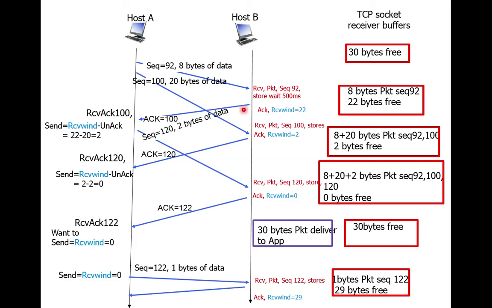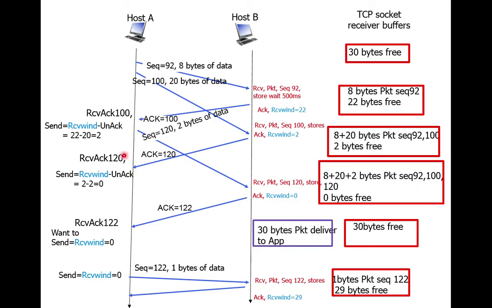But in this acknowledgement, host B will include the receive window. Receive window means the free space in its receiver buffer, that is, this much data host B is willing to accept. So the receive window will be 22, because now 22 bytes free space is available. This will be announced.